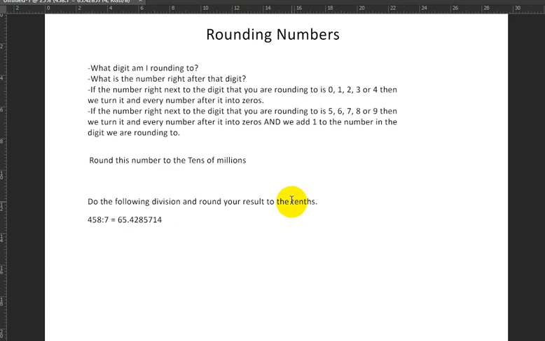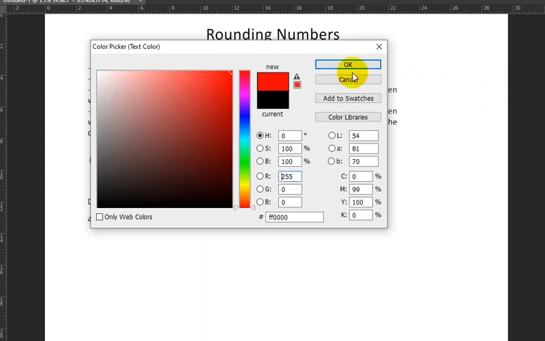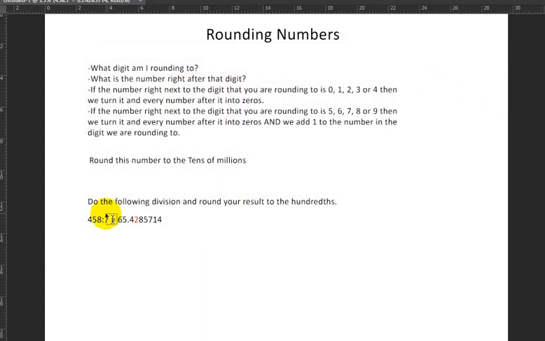Let's say, however, that we are being asked to round our result to the hundredths. The hundredths are here. I would look to the digit on their right, so that would be the 8. Because 8 is a big number, we're going to be rounding up. That's what that is called.